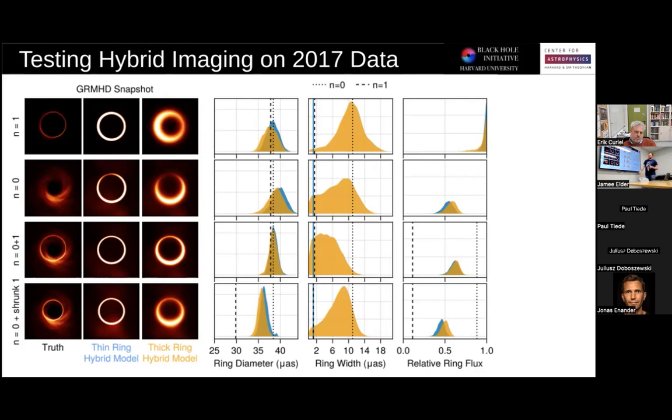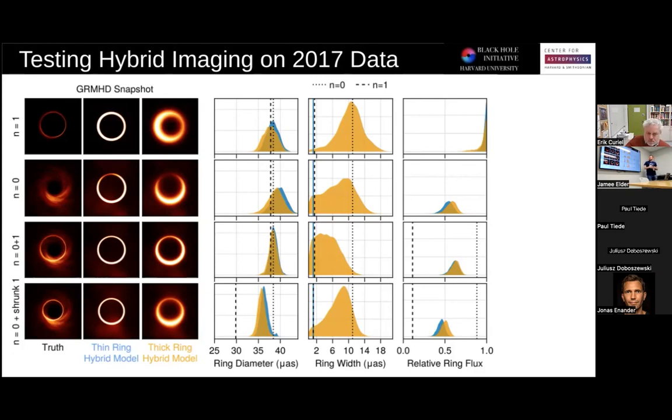What you can see is the posterior does shift down a little bit for what it thinks the thin ring is, but it doesn't shift down by nearly enough. And there's still this massive separation. So what this means is that this radius isn't actually tracking n equals 1 uniquely. It's tracking some combination of n equals 0 and n equals 1.